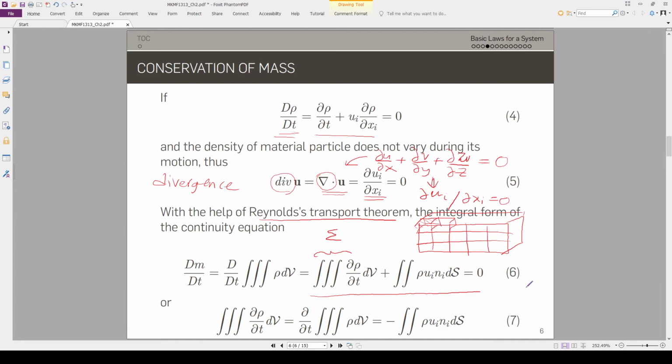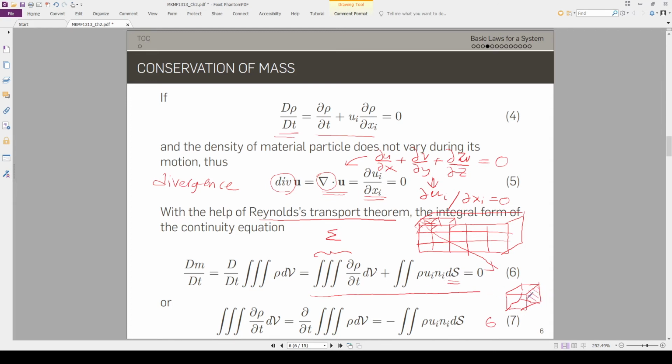So in this case, if I take one small control volume, this one for example, and then I enlarge it here, for this cubical control volume we have 6 surfaces: top, bottom, left, right, front and back. So control volume refers to the whole cube here, and control surface dS refers to every single surface on this control volume.